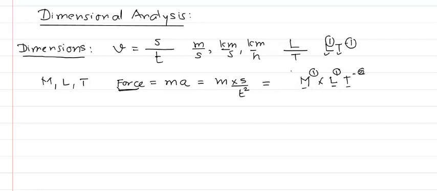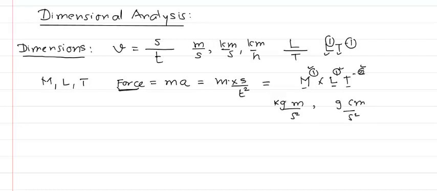And whatever units we may choose, these dimensions are going to remain the same. For example, if I take the example of force, then the unit could be kg meter per second square. Mass is kg, distance is meter, t square is time square is second square. Or I could use some other unit, for example, gram centimeter per second square.